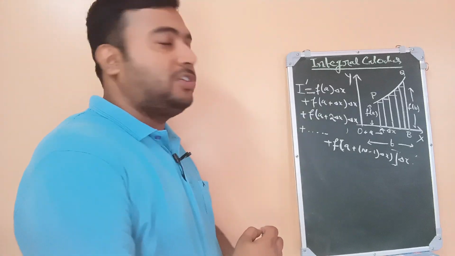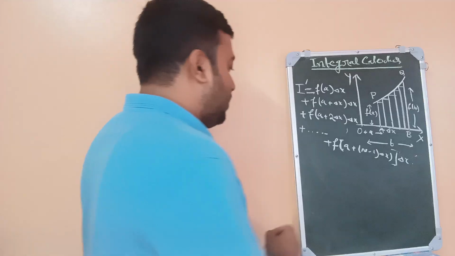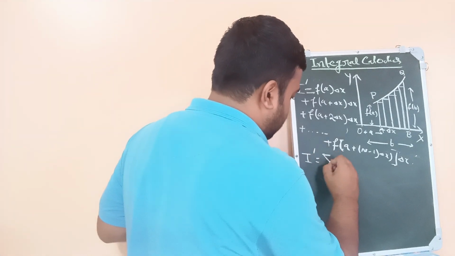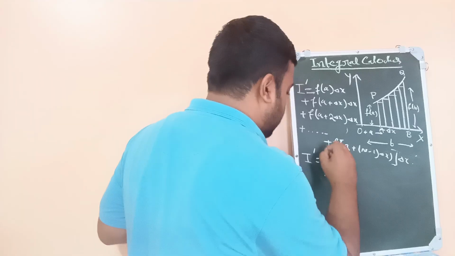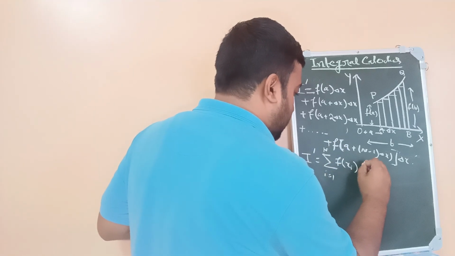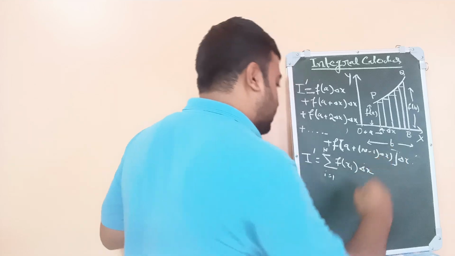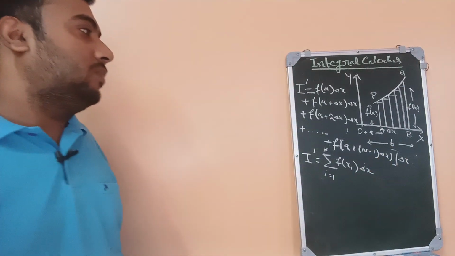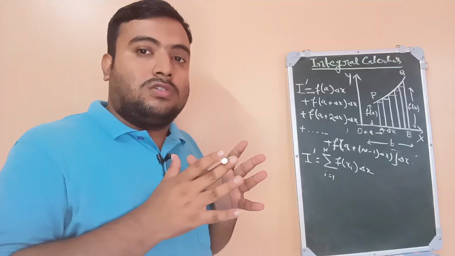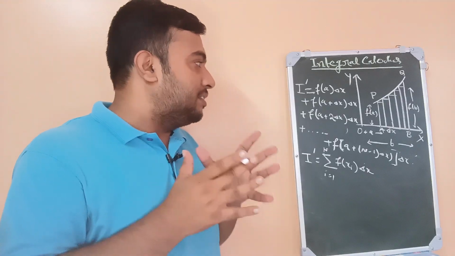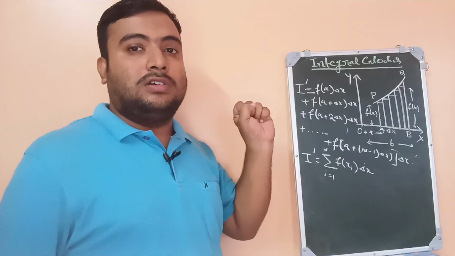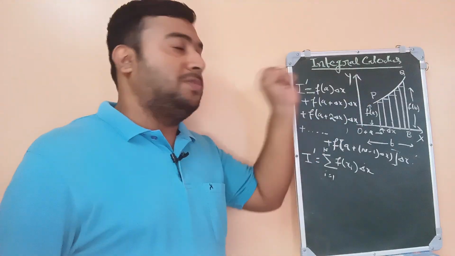So this is the summation of the areas, and it can be written as I prime equals summation i equals 1 to n of f of xi into delta x. Now this area is not exactly equal to the area of the trapezium shaped region PABQ.